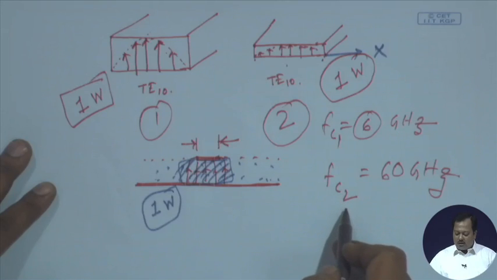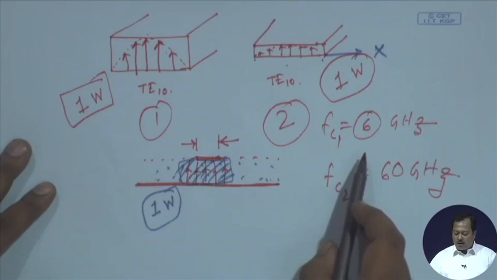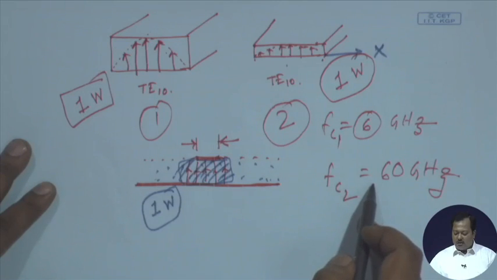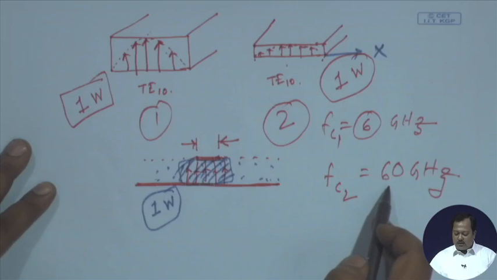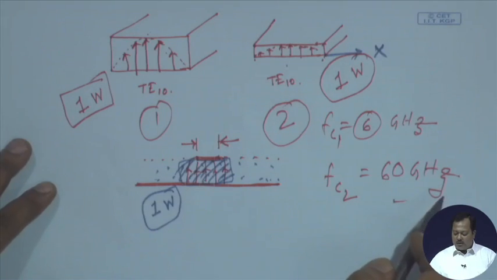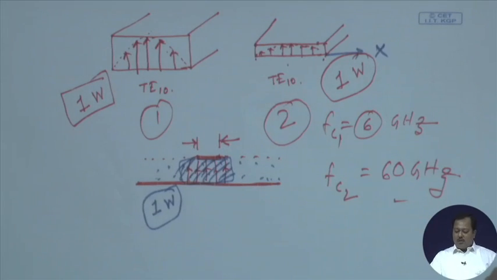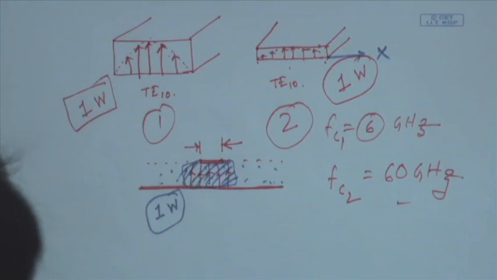For the second case, the broadside dimension of the waveguide is 10 times smaller than the first case. So, it will provide high loss, and not only that, power handling capability will decrease. The conclusion is that if I decrease the cross sectional area of any guiding structure, we will have higher loss and lower power handling capability.